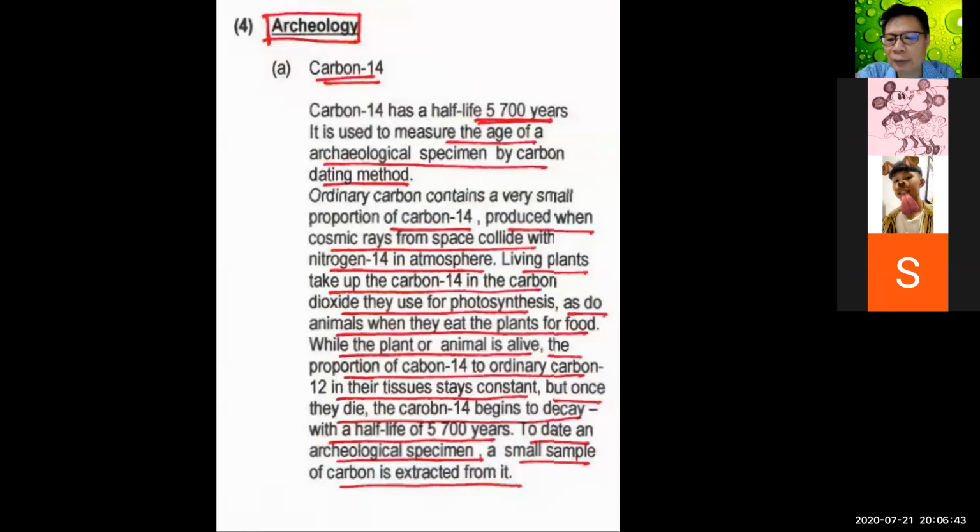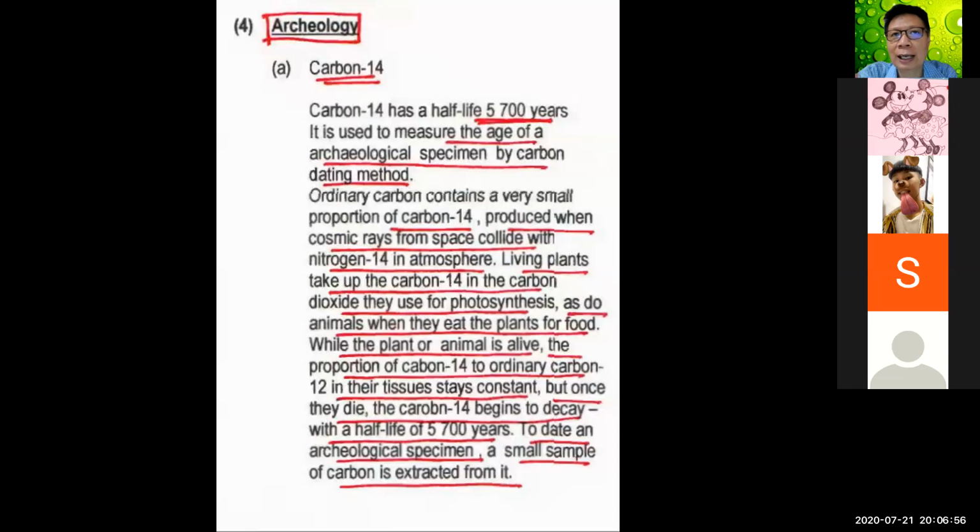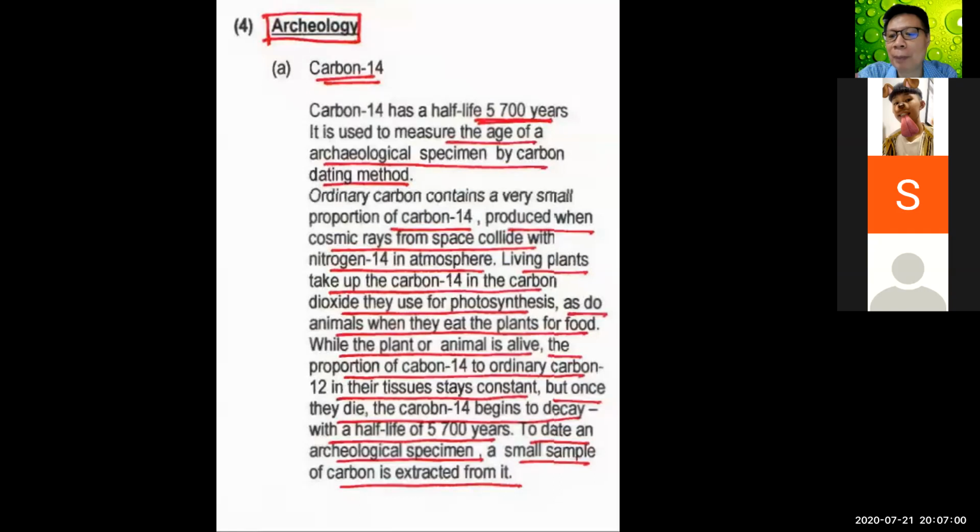Divish, did you listen to the question just now? Yes, carbon dating. Carbon dating method, okay? Use carbon to find out the date. Okay, thank you, Divish.